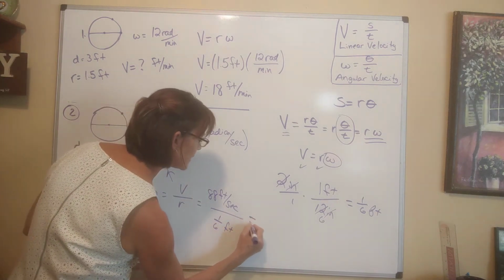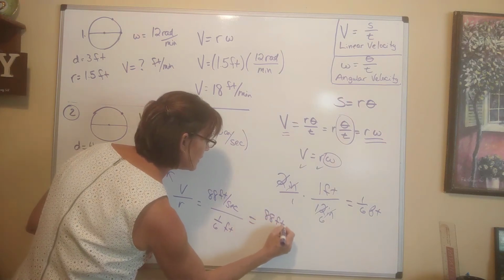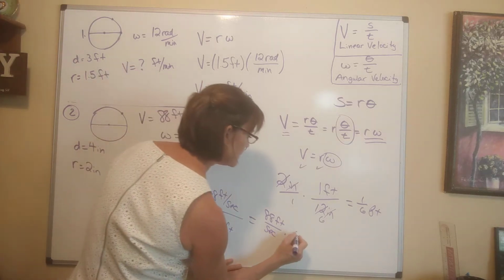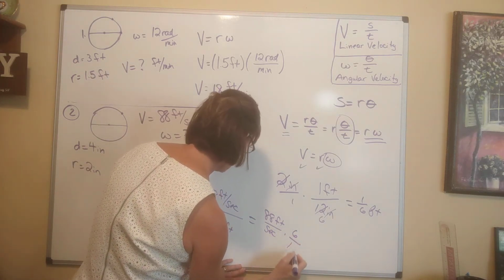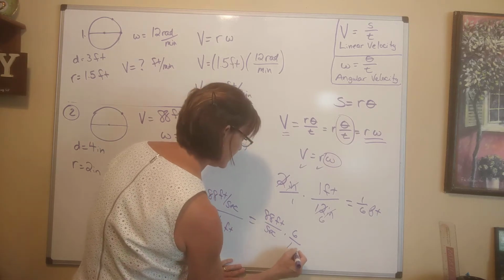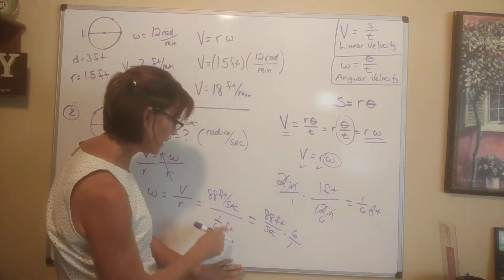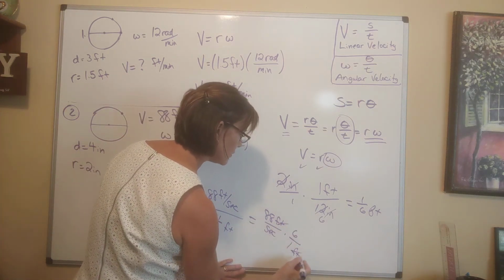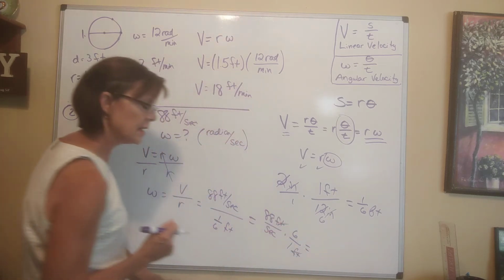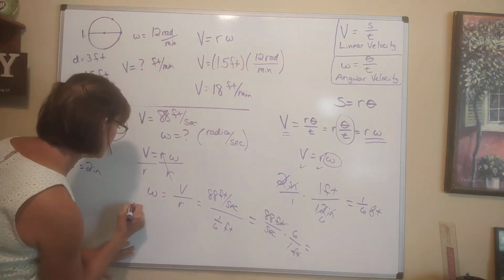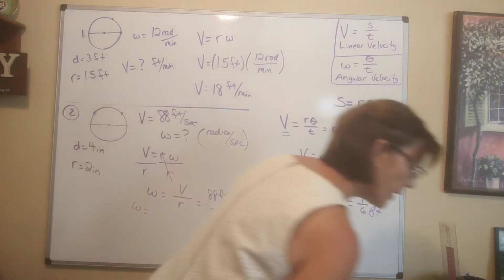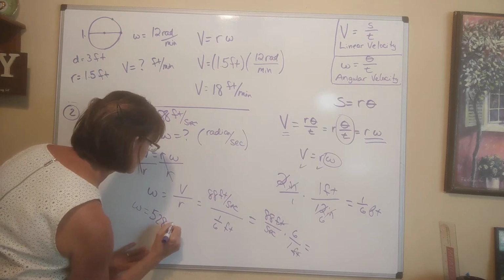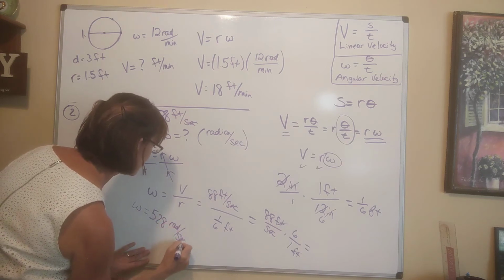So I'm going to divide by 2 inches, which is the same thing as 1/6 of a foot. This is how I would do it mathematically: 88 feet per second times the reciprocal, 6 over 1 feet. Dividing by 1/6 is times 6 over 1. These feet will cancel, and 6 times 88, I'll use my calculator, gives me that omega is equal to 528 radians per second.